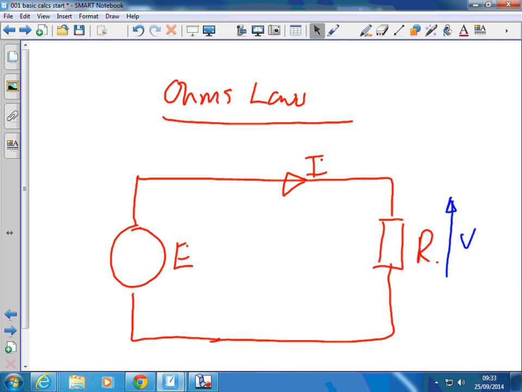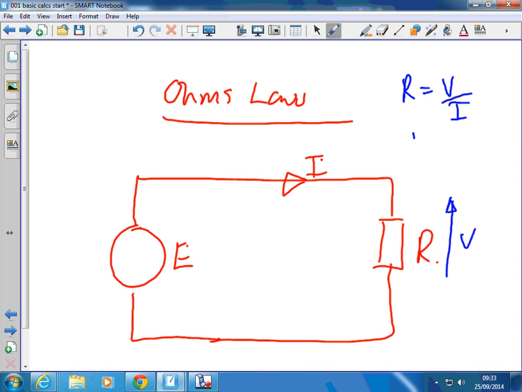The formula is R is equal to V divided by I. I actually like to think of it as the current version because the current depends on the other two. It's really the dependent variable on what voltage you apply and what the resistance of the circuit is.